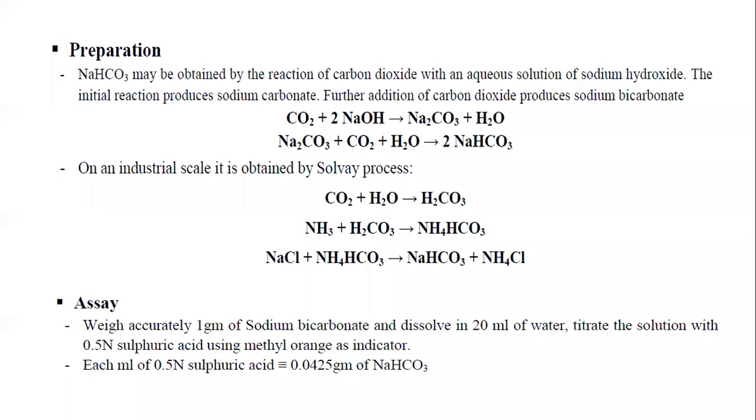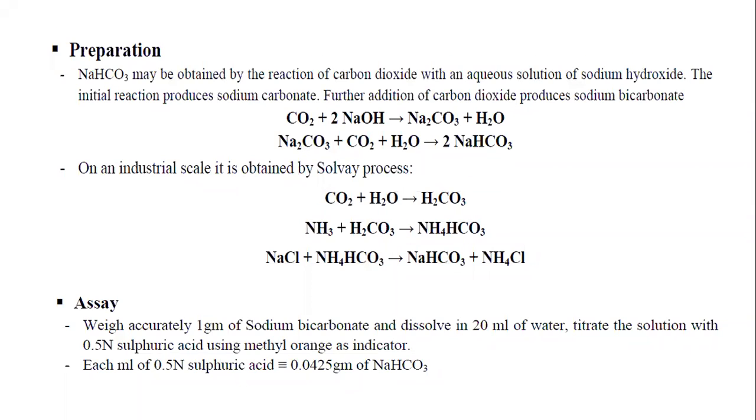So as you can see, there is carbon dioxide and water, which will give you hydrogen carbonate, H2CO3. This further reacts with ammonia to give you ammonium bicarbonate. The difference that you should remember here is whenever the term bicarbonate comes, then it is HCO3. If it is carbonate, it is just CO3.